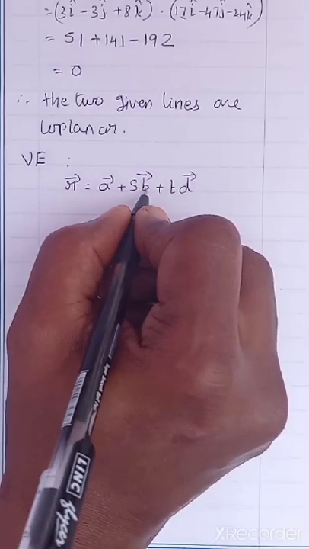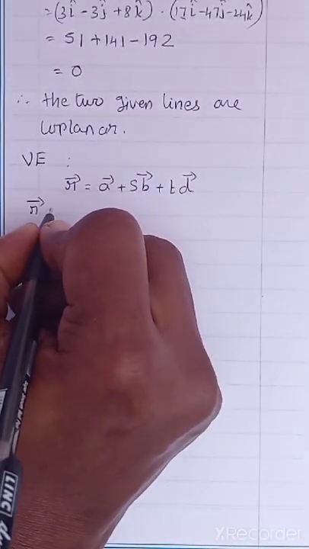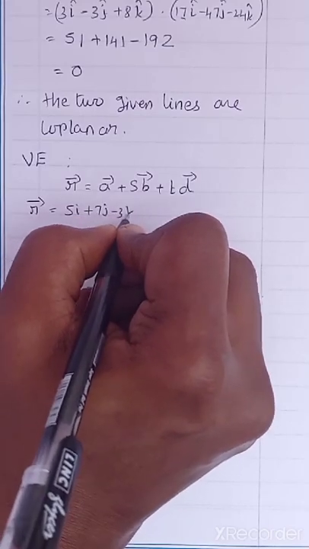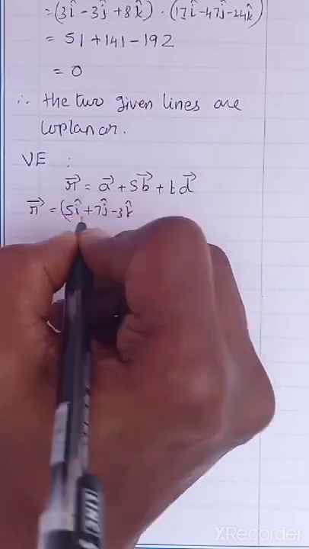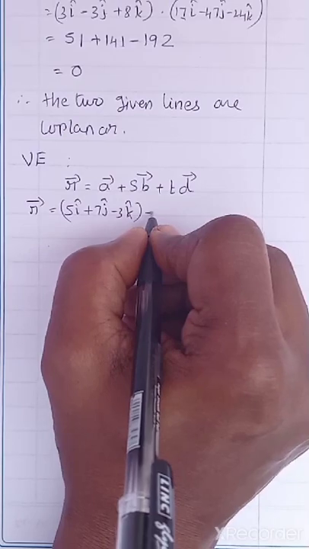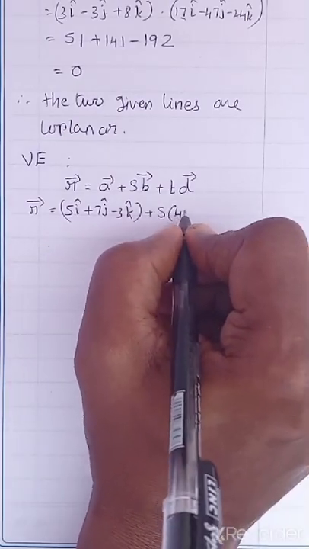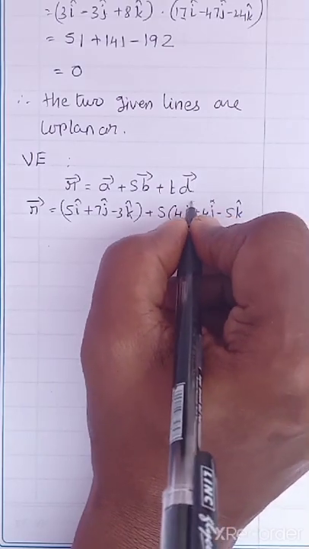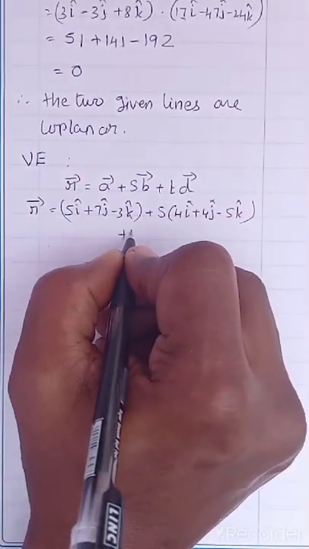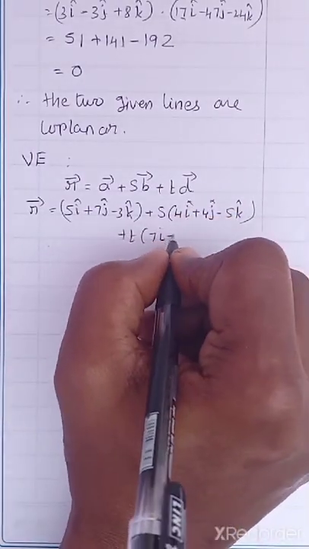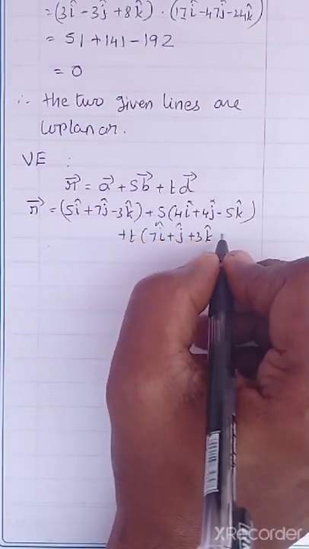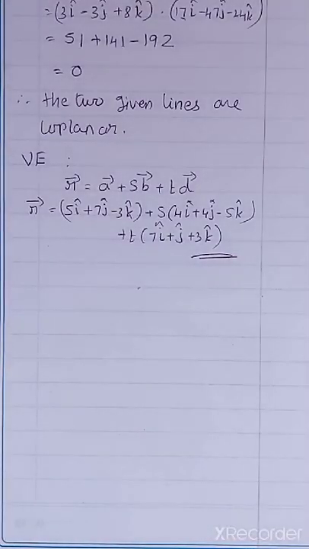Just substitute your A, B, D. So R vector equal to 5i plus 7j minus 3k plus S of 4i plus 4j minus 5k plus T of 7i plus j plus 3k. That's all. This is your final answer.